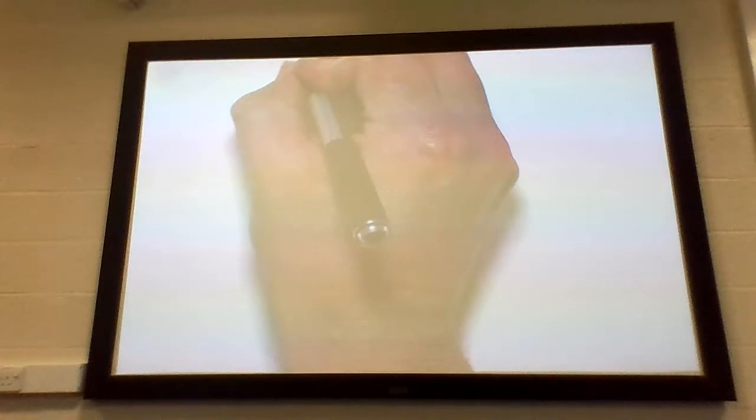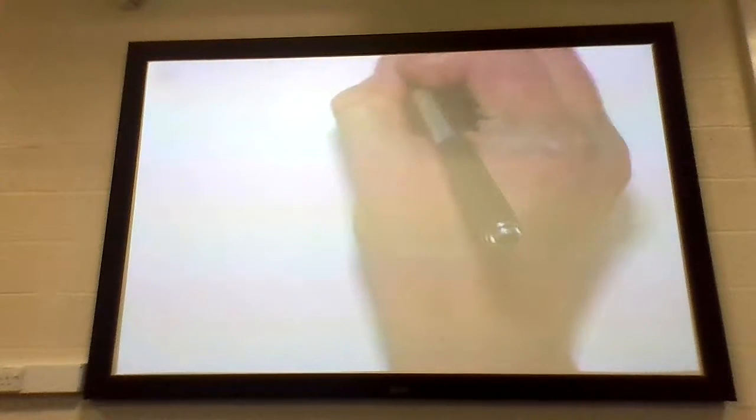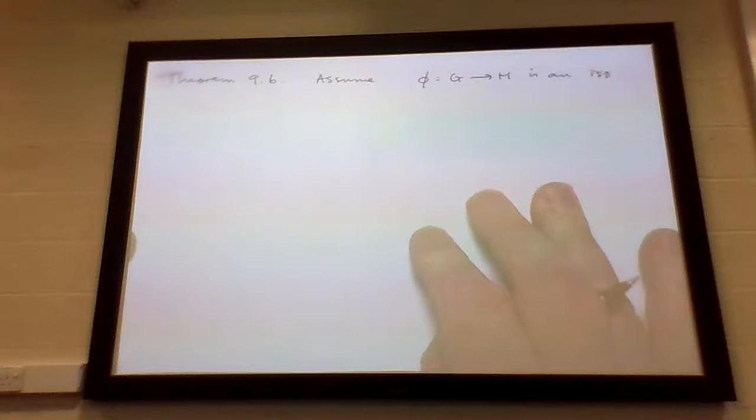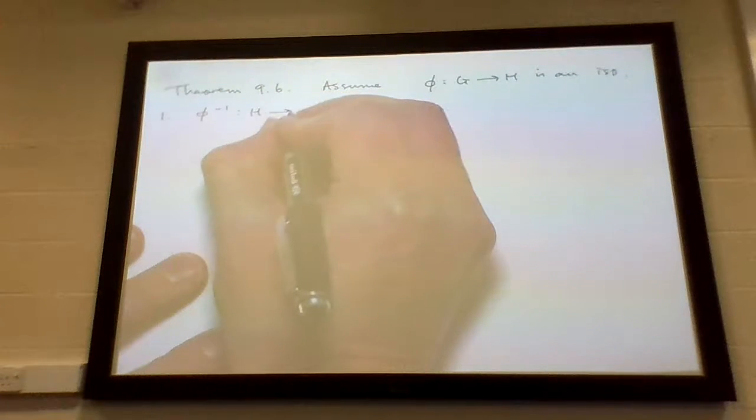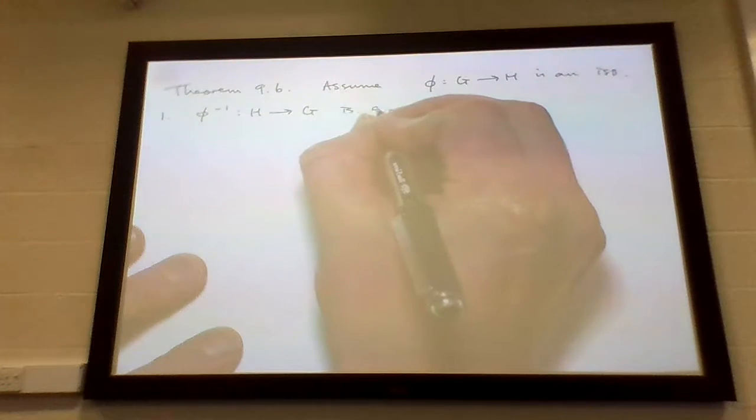So we assume phi from G to H is an isomorphism. Okay, then we have these statements. Phi inverse, which of course goes from H to G, is also an isomorphism.